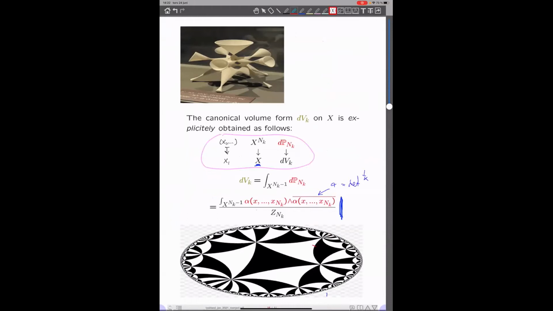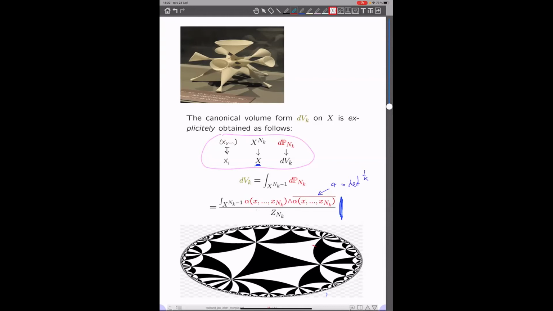So let's think about it in a slightly different way. We're interested in X, and we want to find some canonical volume form on X, which is fairly explicit. That's our goal. But that turns out to be hard. So what we do is that we go to the n-fold product of X, the space over X in my picture here.